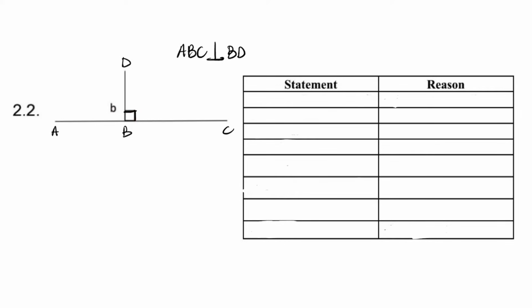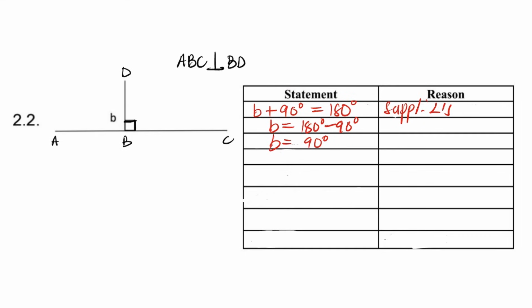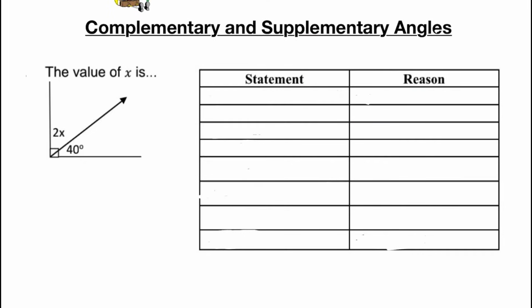But we need to do it by calculation. So we'll say angle B plus 90 gives you 180. Those are the adjacent angles in a straight line, so the reason is supplementary angles. So B equal to, transpose the 90, 180 degrees minus 90 degrees. B is equal to 90 degrees. That's straightforward.